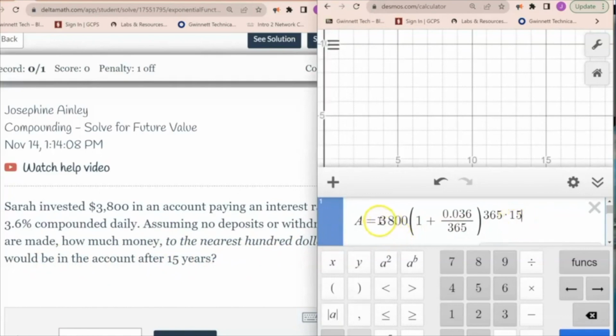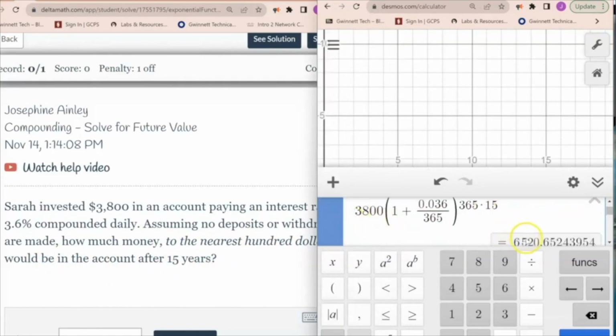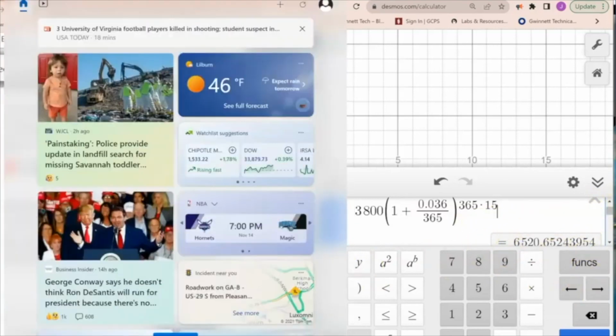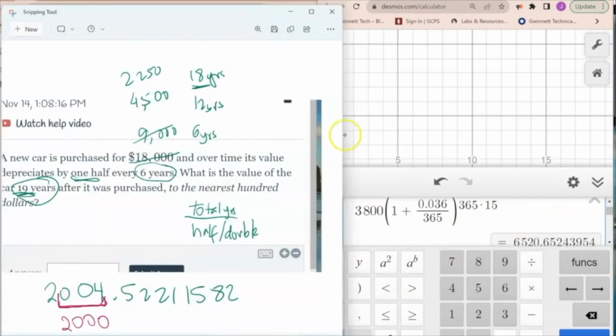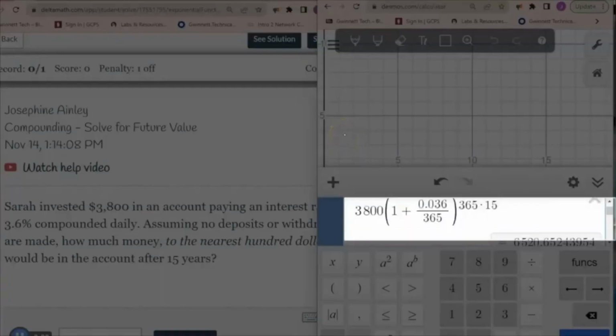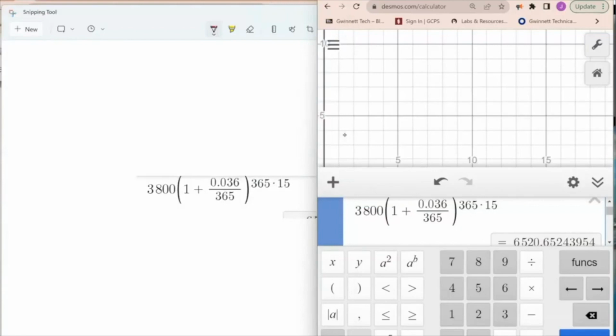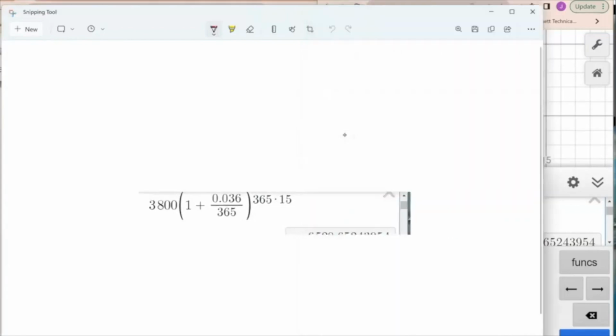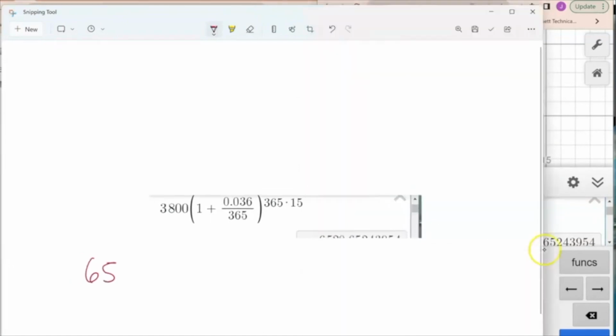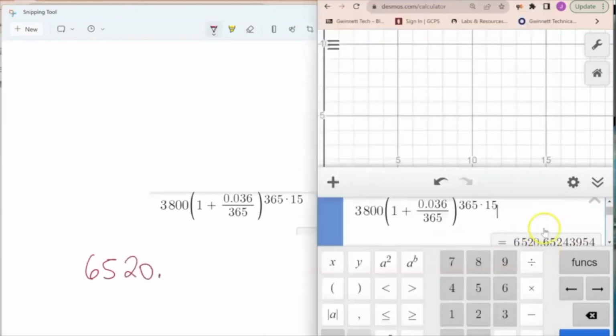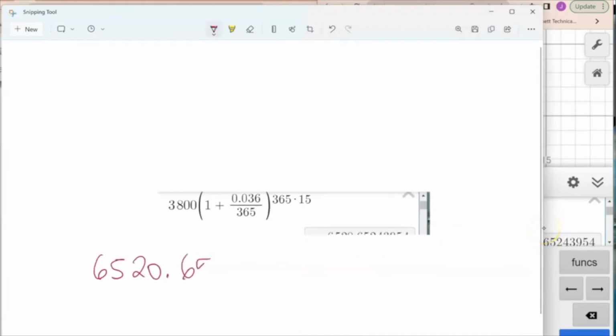Boom. So take out the equal sign and it's going to give you a number to the nearest $100. So we have 6,520.652.